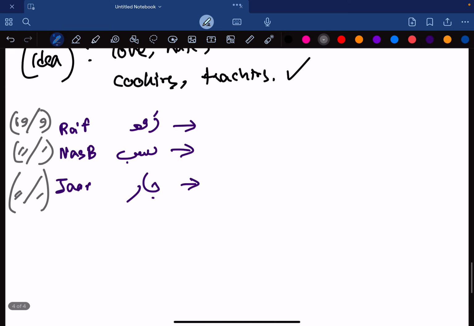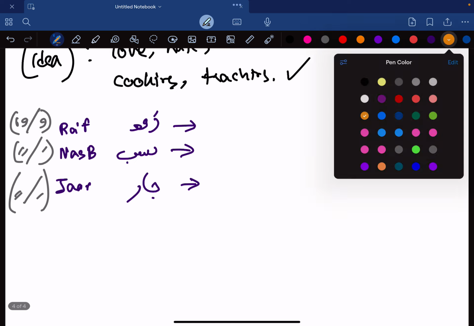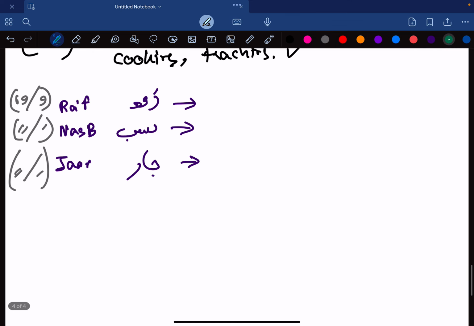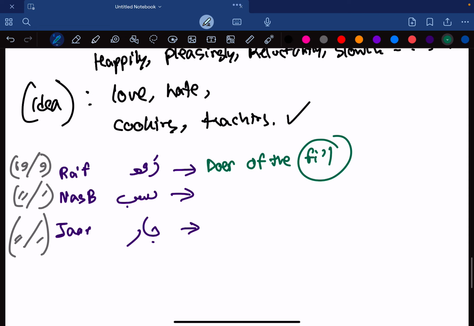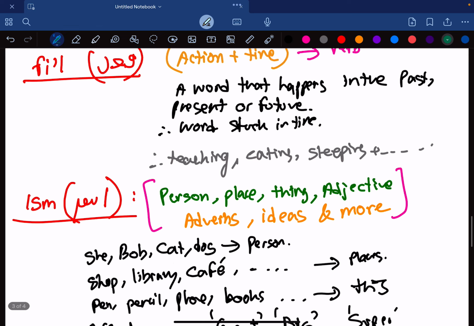Now, what does Rafa, nasb, jar indicate? That's the question, right? Things that are Dhamma most of the time, or I don't want to say anything like that. Just know this: Rafa is the doer of the fi'l. What does that mean? Doer of the fi'l. Now, what's fi'l? It's a verb-ish thing, right? Something that is stuck in time.